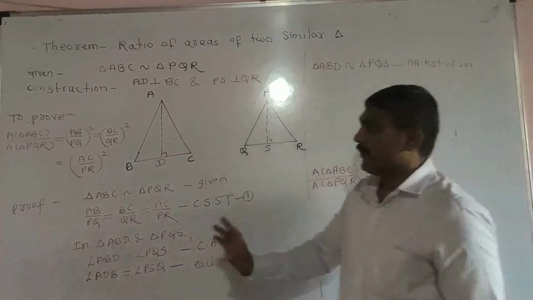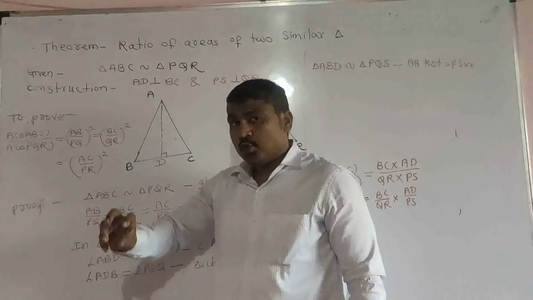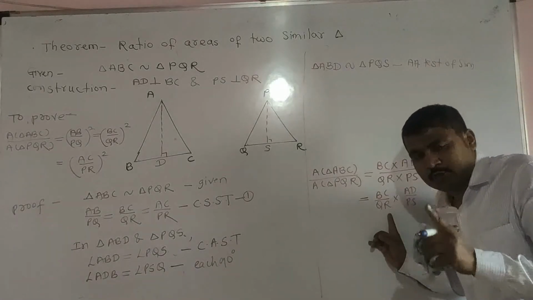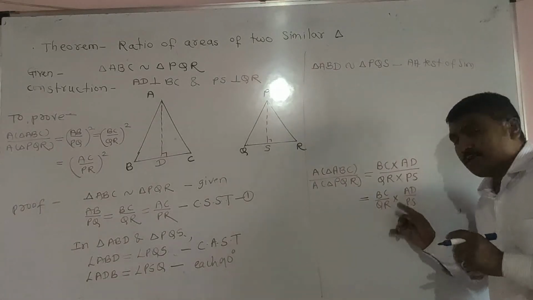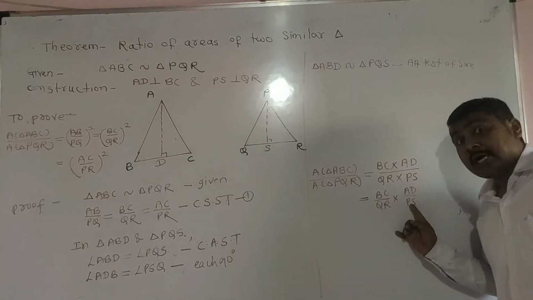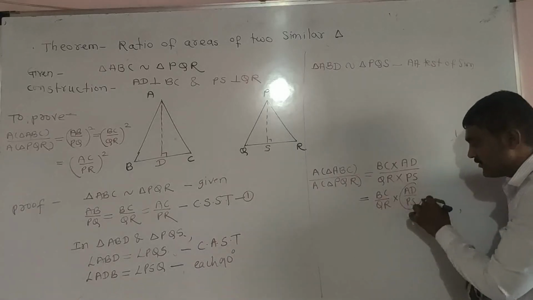Now observe this. What we have to prove? We have to prove BC upon QR, bracket square. So BC upon QR, we got one BC upon QR, right? Now we need to show AD upon PS is also equal to BC upon QR. You can see here, I am making a circle here.